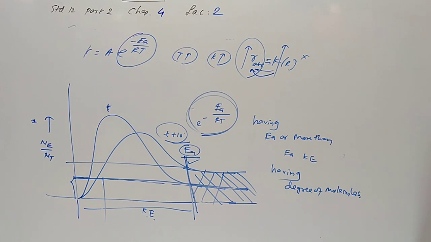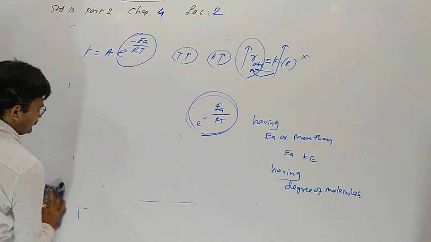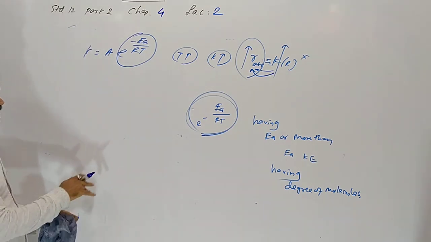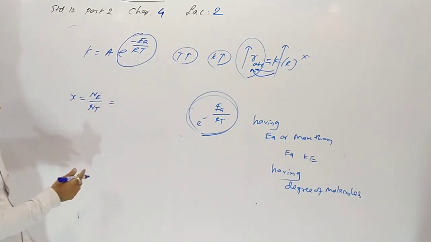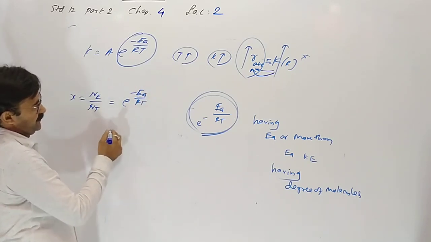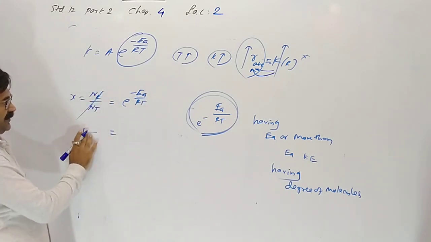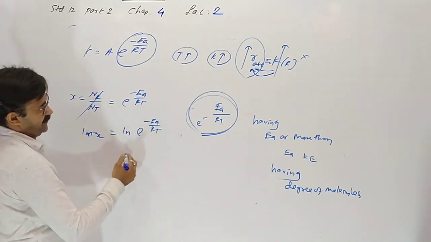Now last, how to get the fraction which takes part in the reaction. x is the fraction of molecules capable of colliding, having higher kinetic energy. x equals e raised to minus Ea upon RT.